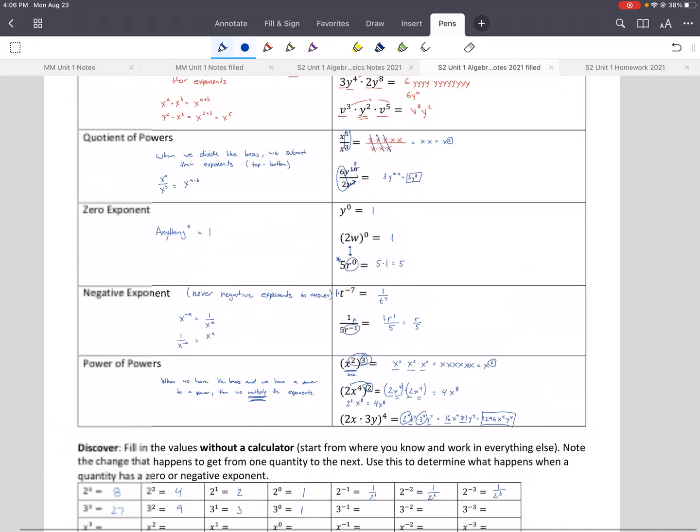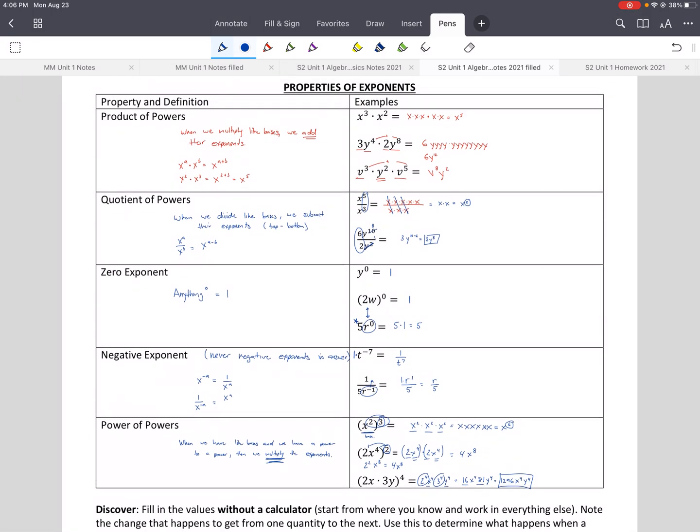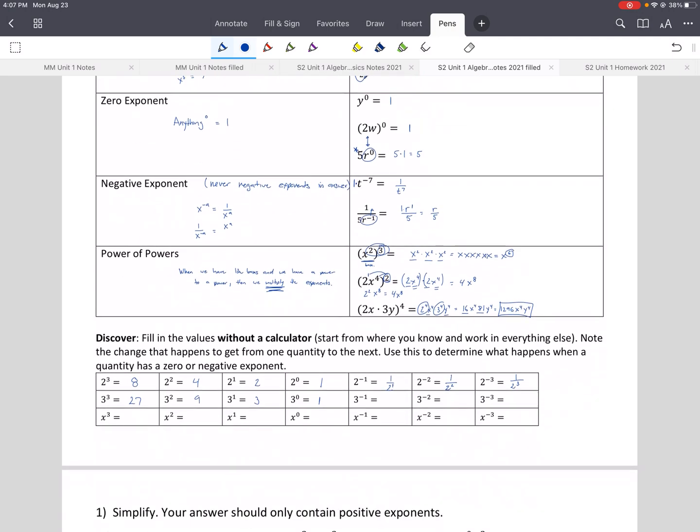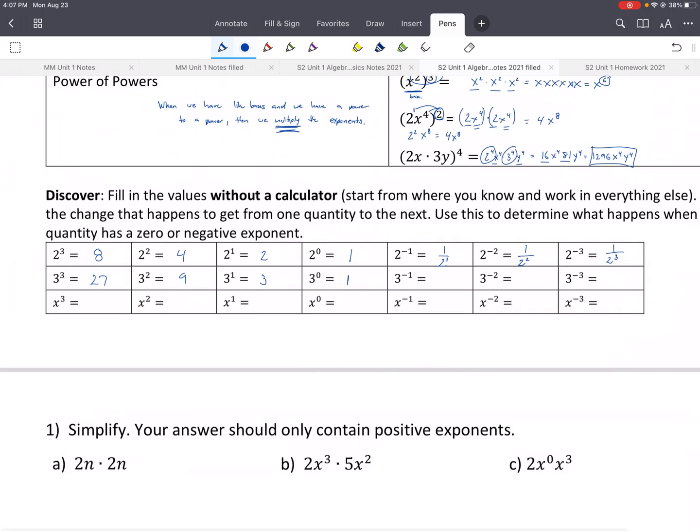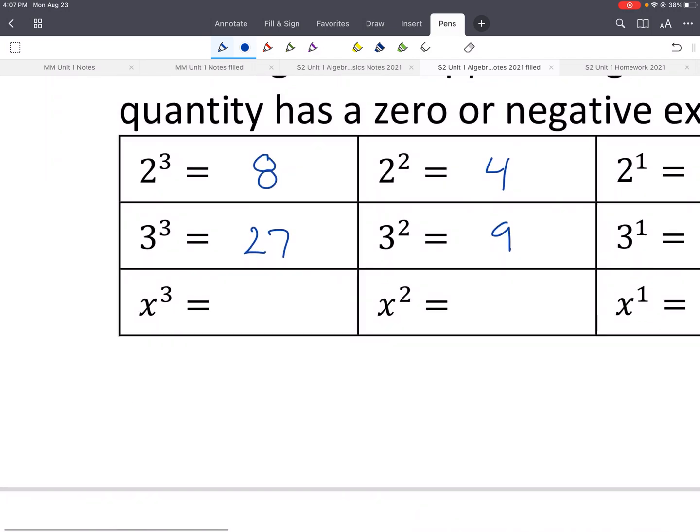Okay, so there's some examples. Most of what you'll have on your homework and your tests will be covered by that. So again, I wanted to maybe finish this. If we have x to the negative 1, we could write this as 1 over x to the positive 1, or 1 over x to the positive 2, or 1 over x to the positive 3, okay? And if you wanted to put them as a negative, you could move those to the bottom.